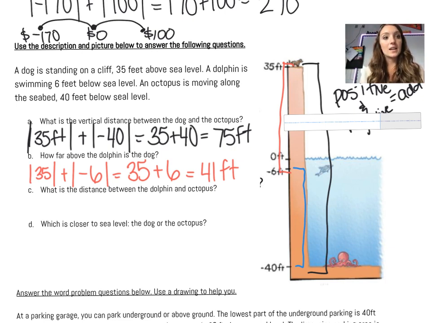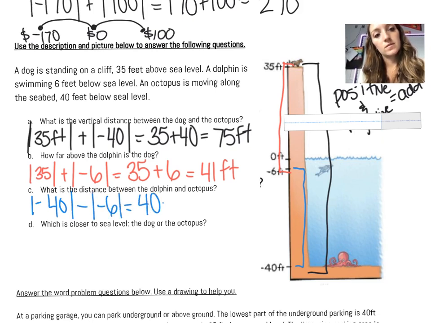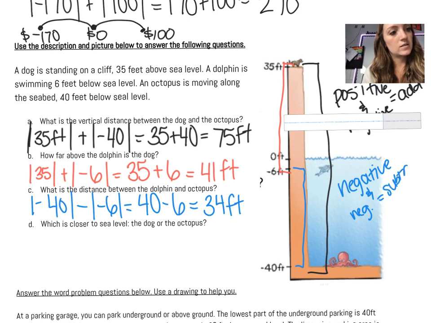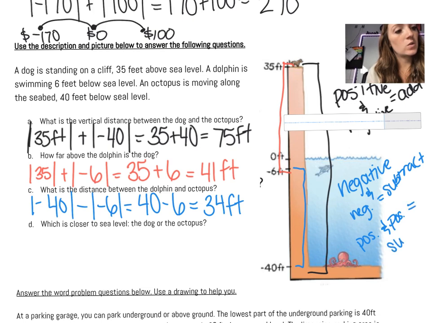So instead of adding, I'm going to subtract, to get a difference of 34 feet. 34 feet distance between them. So if I have a negative and a negative, I'm going to subtract. Just like if I had two positives. So a positive and a positive tells me I'm also going to subtract.